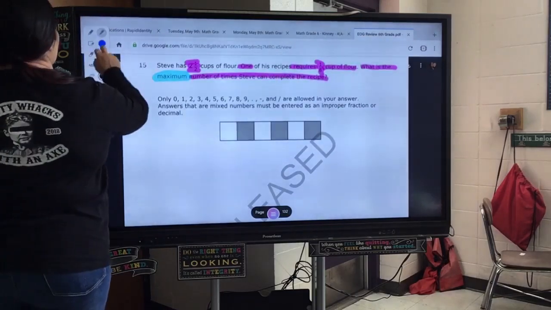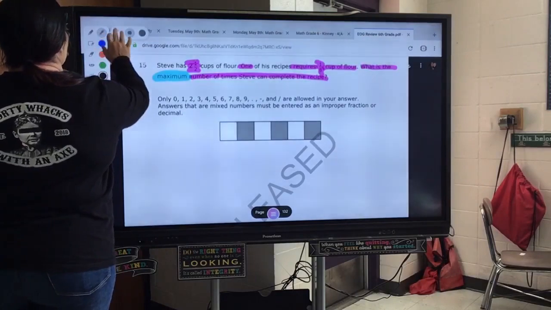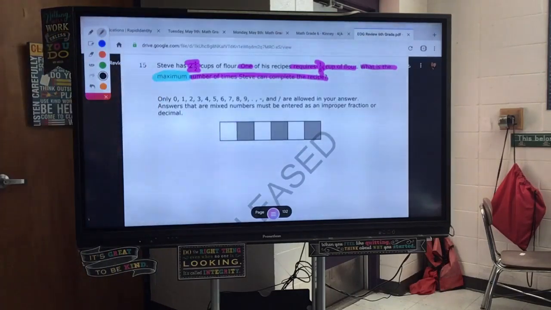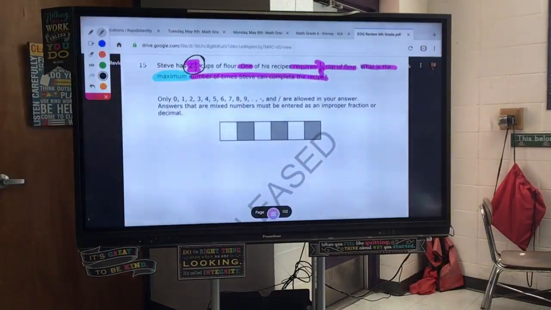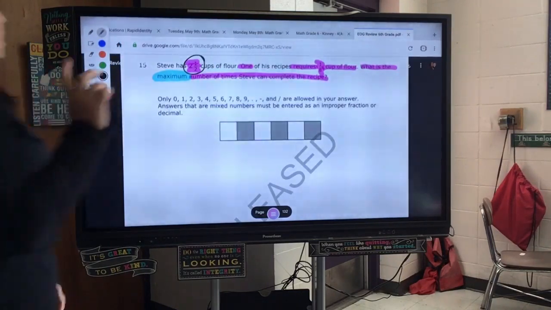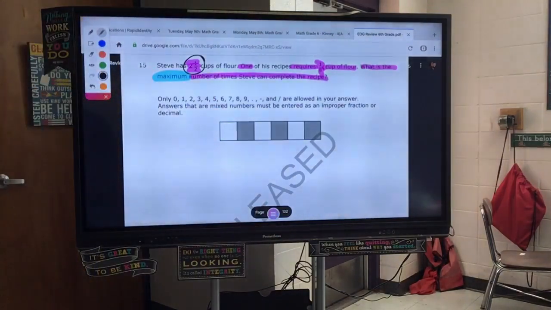All right, so now let's solve this problem. So 2.5 is what to me? What is 2.5 to us for this problem? Kaya? It's not the maximum. What is 2.5 to us? What's another word?